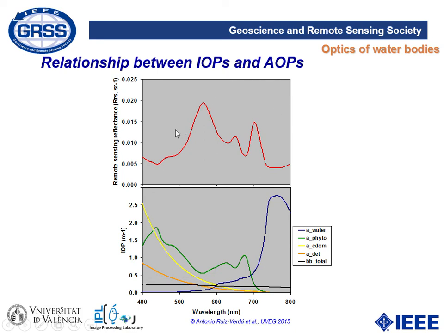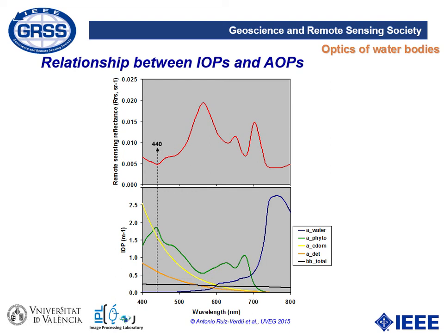These are all field measurements in a given water body, in a given lake. So as you see, basically the absolute value of the reflectance will be determined by the backscattering, and the shape will be mainly determined by the absorption of the different compounds or the different optically active constituents.